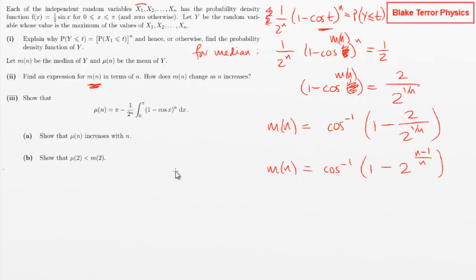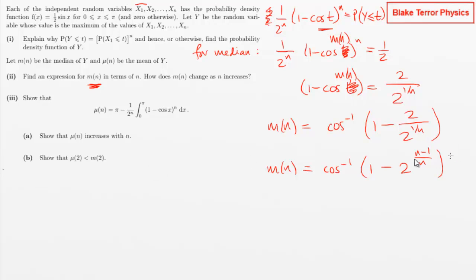Yeah, so let's go off of this. I mean, that makes sense straight off. But then as you put more and more of these x's in, as n increases, you'd expect the median to go up because we're more likely to get a higher value. And if n hits infinity, then we should be tending towards getting pi as the answer. So that's what we're going to expect coming out of this.